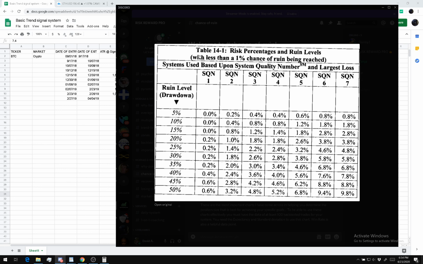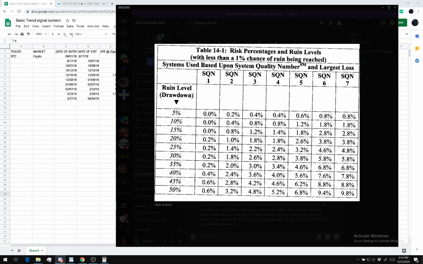Now with this chart, if we have an SQN score of 3 and we're using 0.4% risk per trade, we have less than a 1% chance of losing 5% of our account.